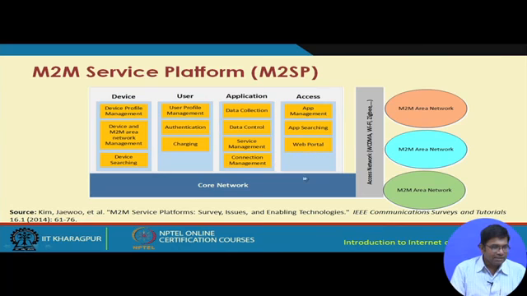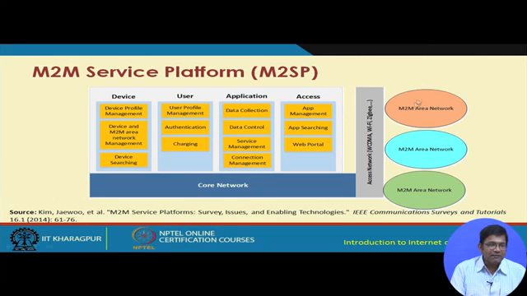So, all these data are passed through an access network like Wi-Fi, Zigbee, etc., and are sent to the M2M area network. Okay. This is one possibility.